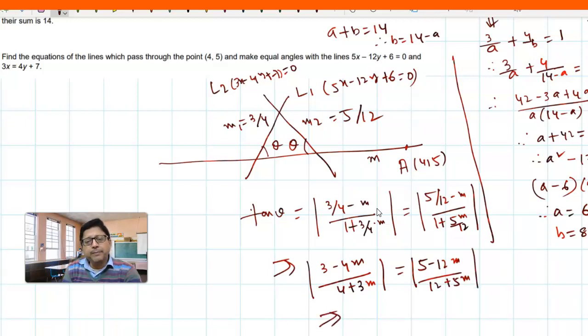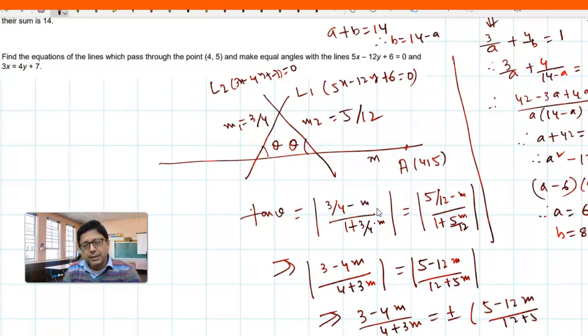You remove the mod sign but put a plus minus sign on LHS or on RHS. Don't put the mod sign again. What you can do there, you take the plus sign once to get the value of m.